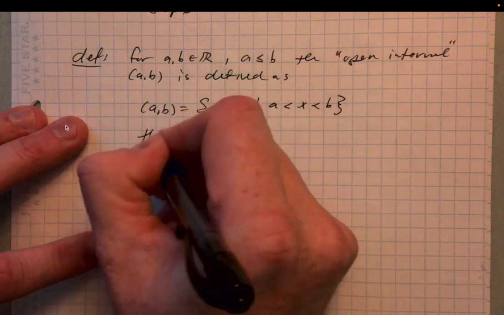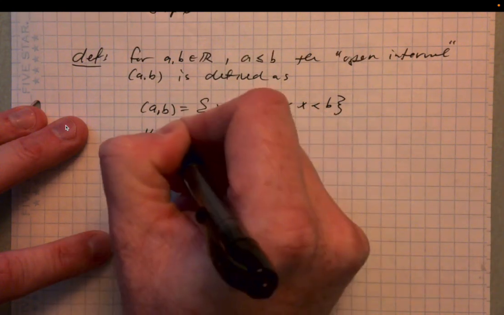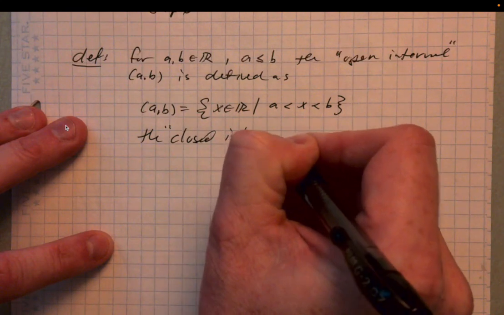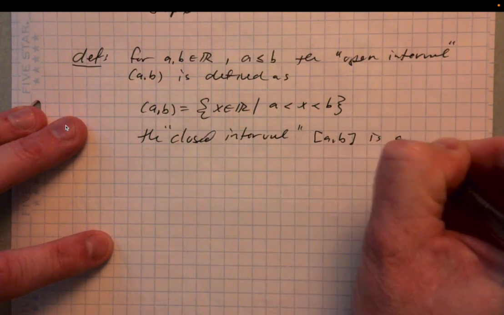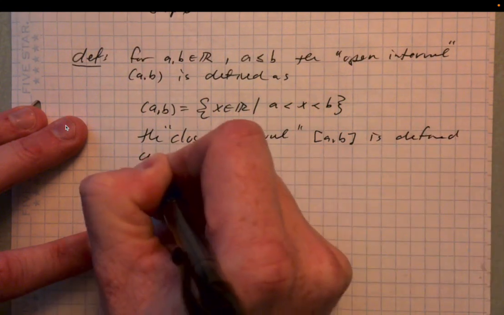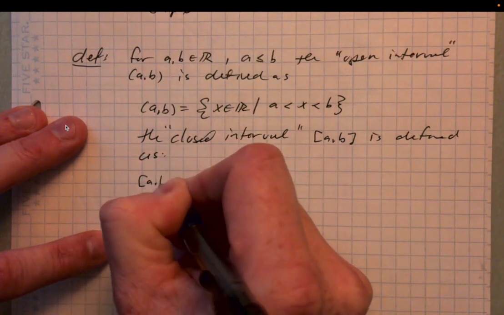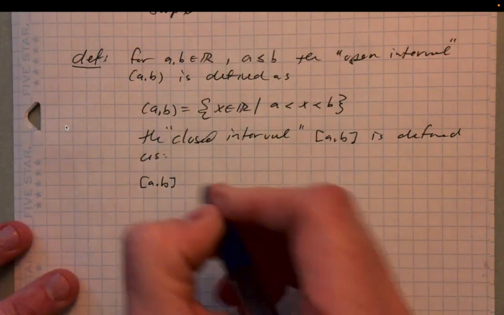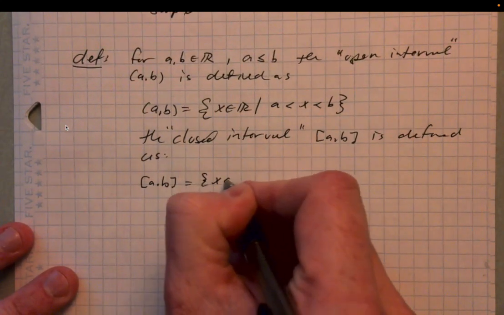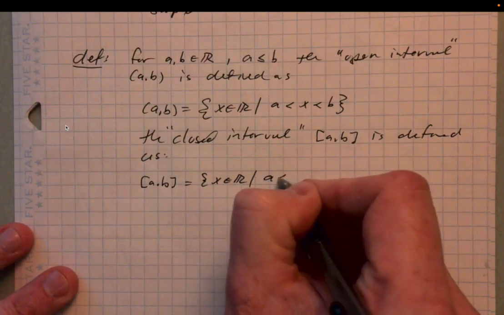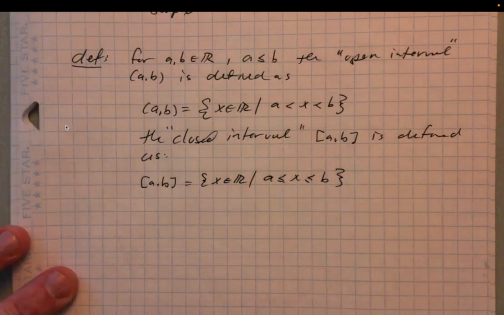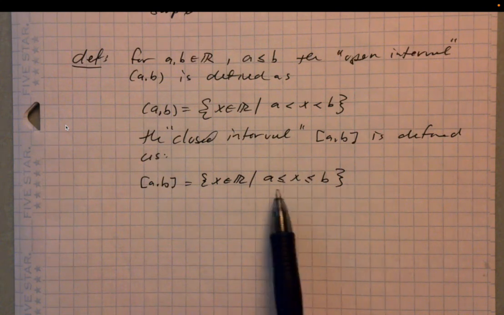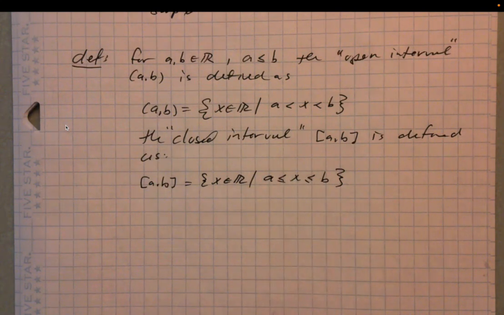The closed interval is defined as all of the x's in R such that a is less than or equal to x and x is less than or equal to b. So all the values between a and b, and also including the endpoints a and b.